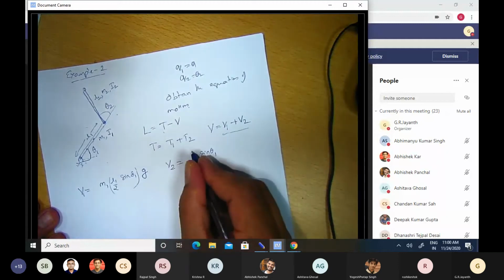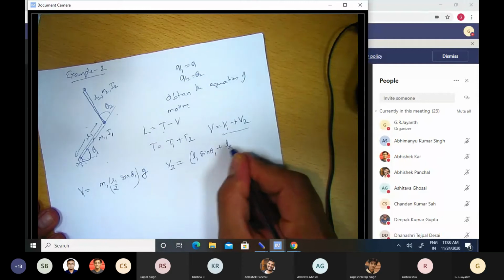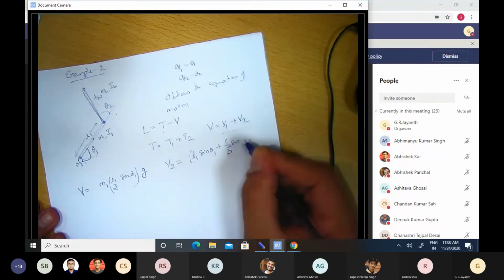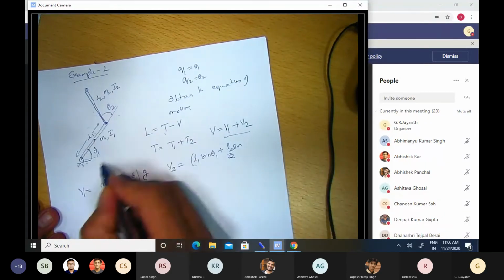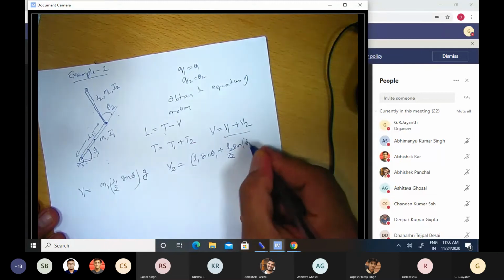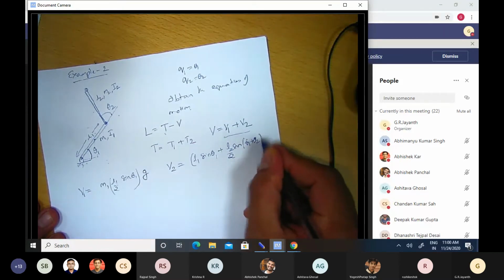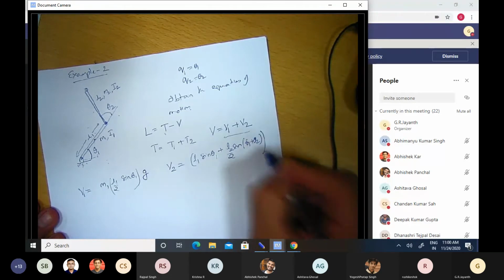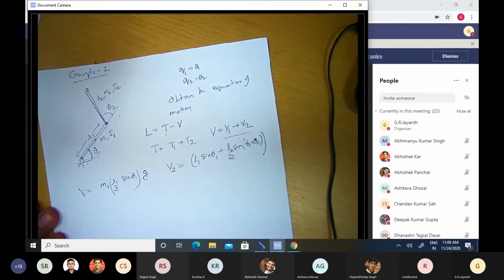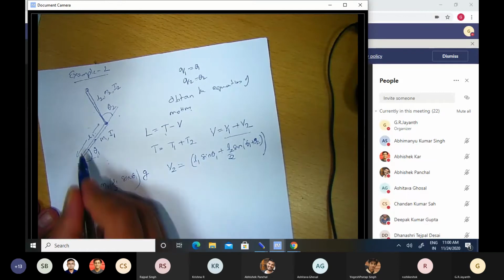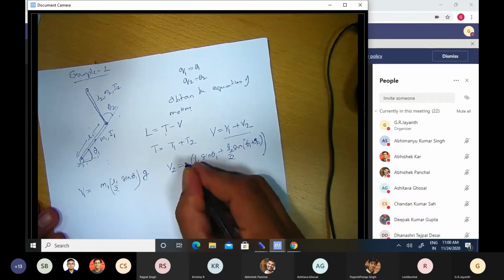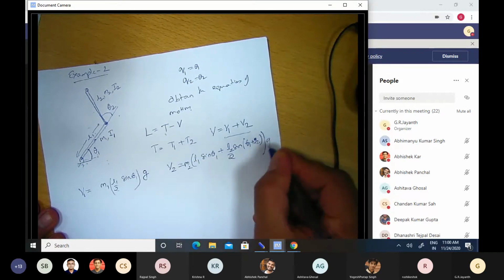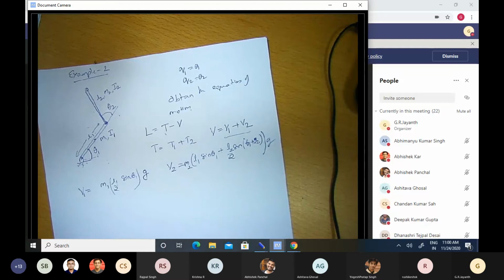So that plus L2 by 2 sine of the absolute orientation of the second link with respect to the ground, which is theta 1 plus theta 2. So sine of theta 1 plus theta 2 will be the total height of the center of mass of the second rigid body from the ground. Okay, this times m2 times G is going to be the potential energy associated with the second rigid body here. Any questions so far?